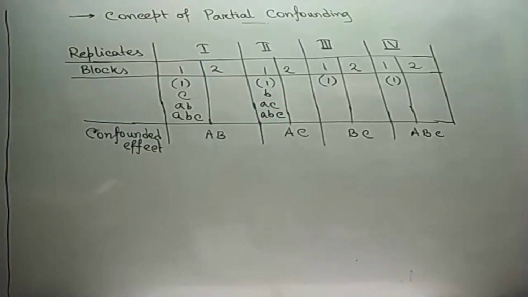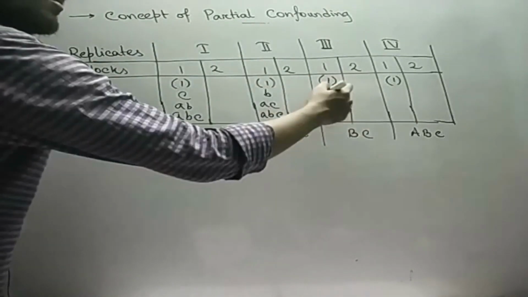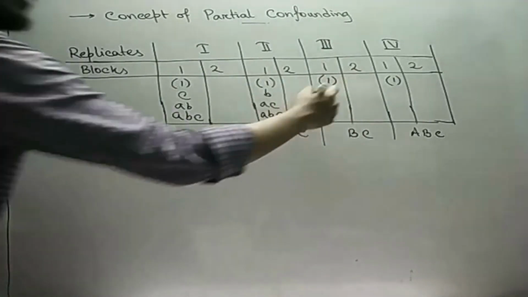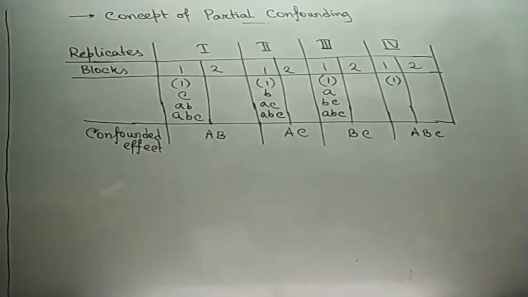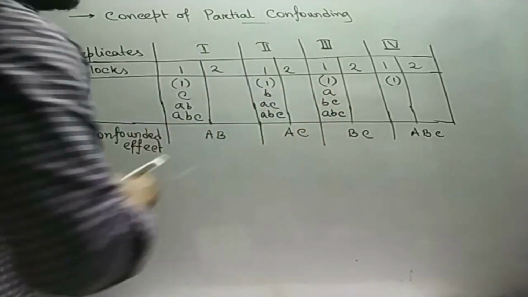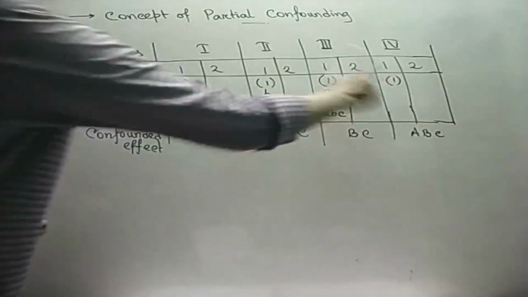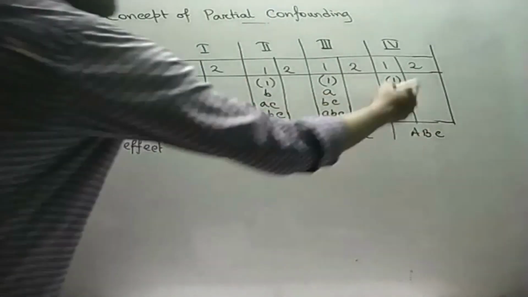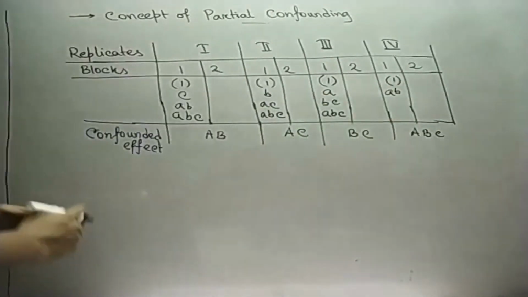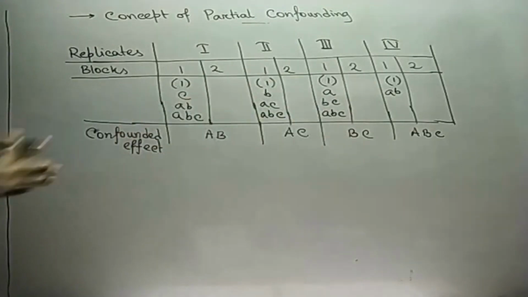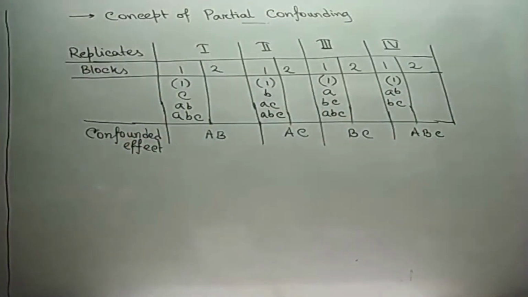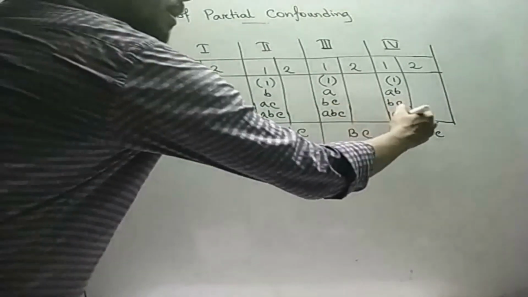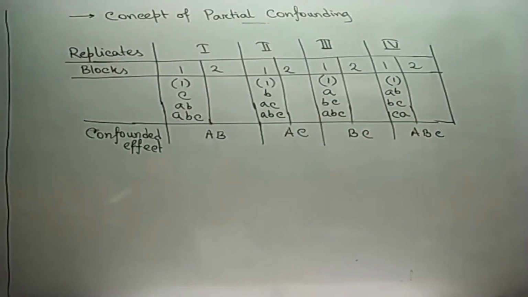Next, for ABC, the no common member is 1, and the even number of common members are AB, BC and CA.